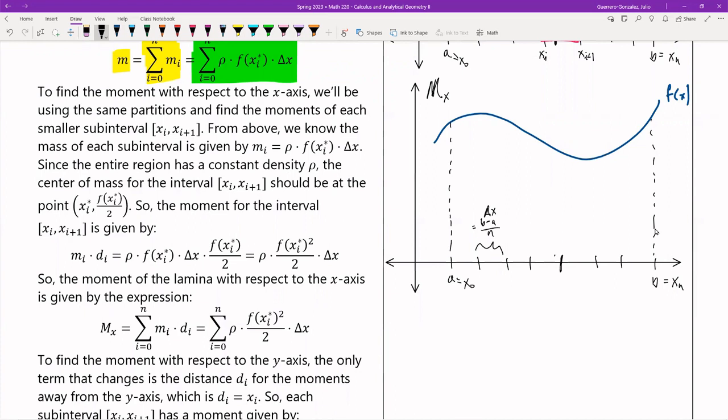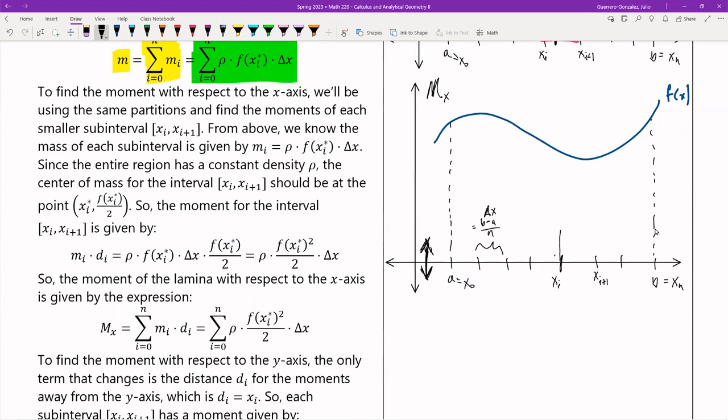And I want to find the moments with respect to the x-axis in this case. With respect to the x-axis means I'm looking for something up and down. I'm looking for the balancing point with respect to the x-axis. So I'm going to call this one my x_(i+1).